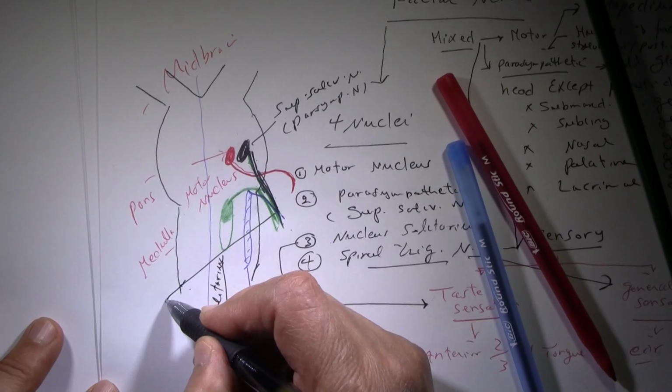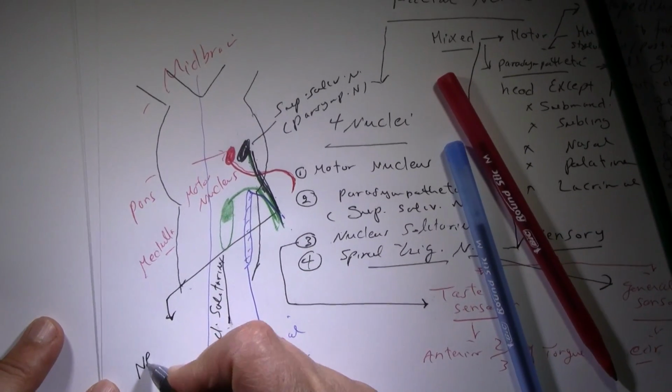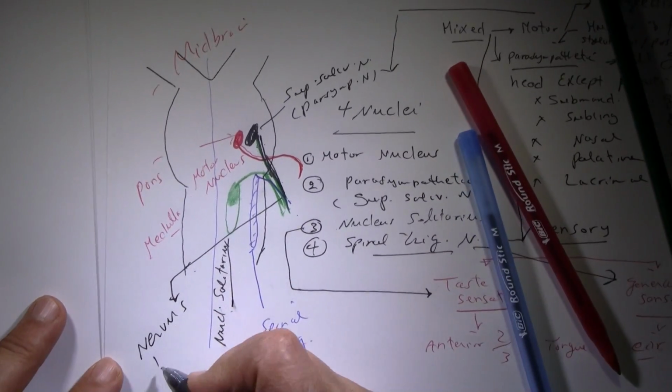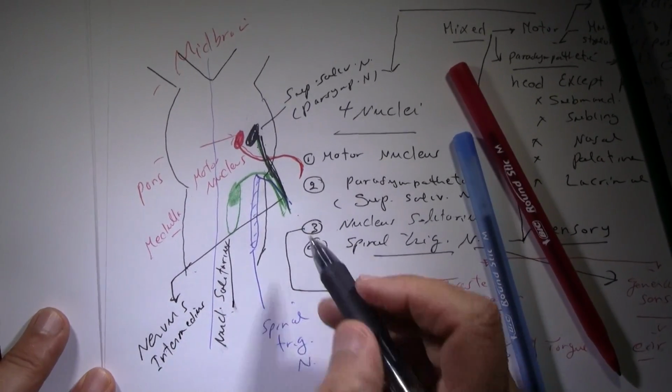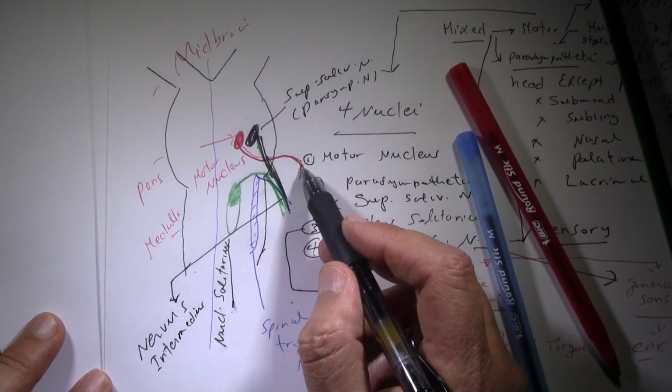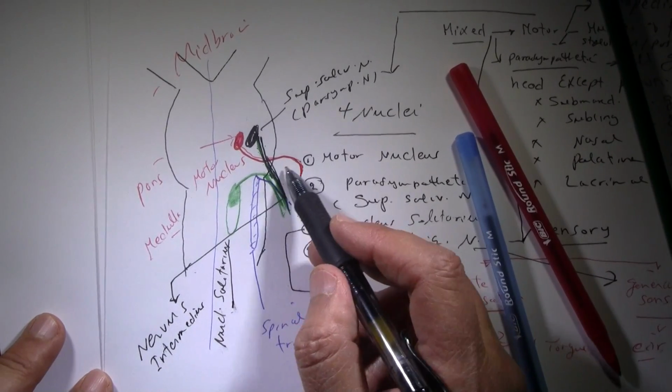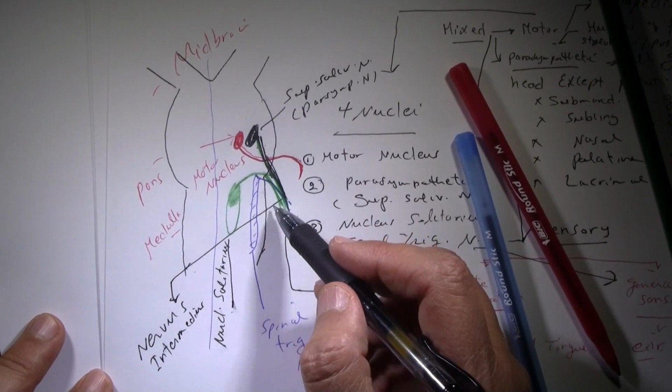Why is it called intermedius? Because it's located between the facial nerve motor fibers and the vestibulocochlear nerve, which is number 8.